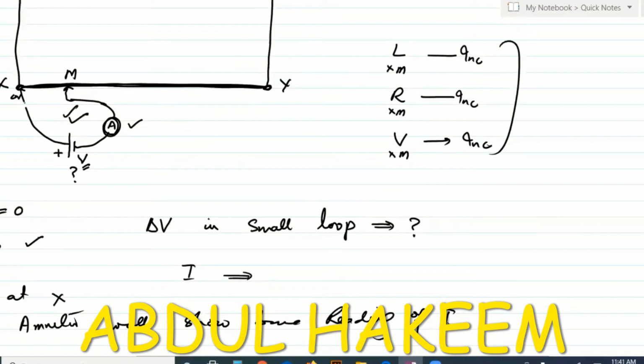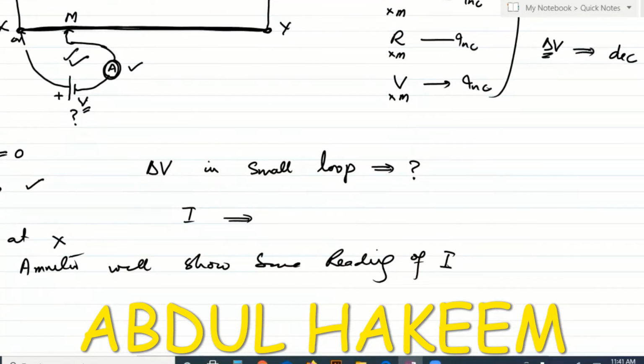Initially the potential was 0, so the difference was maximum. Now here, the length X and M is not 0, so the potential is not 0. So the potential difference between the unknown cell and the XM length definitely will decrease, right? So when M is at X, the potential difference will be maximum. When M moves away from X, the potential between X and M increases.